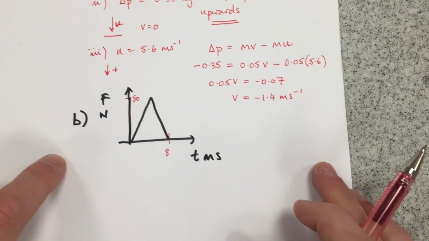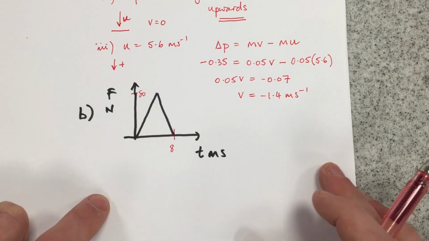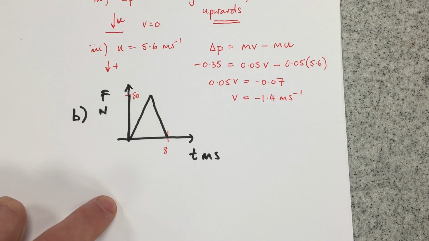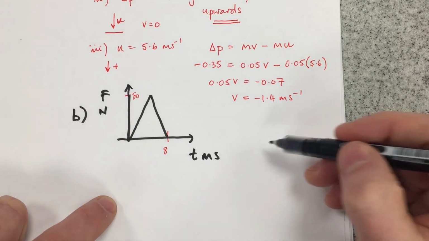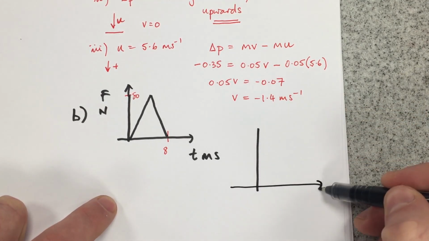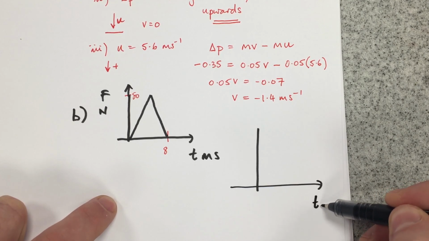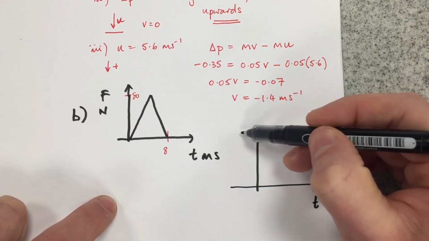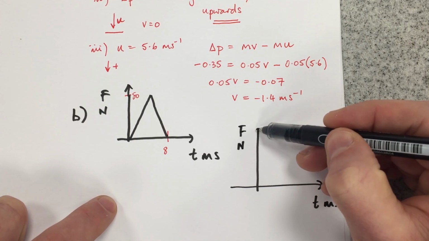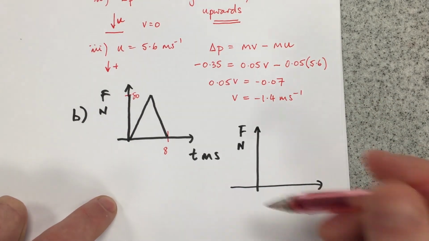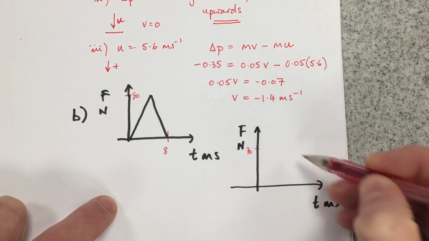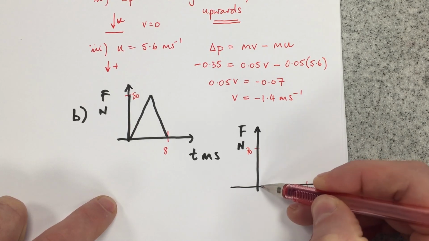An alternative to solve this question is to show the original graph and then sketch another graph beside it. So if we show the original graph they gave us in the question, don't forget your units and your labels, we would have 70 as the force and 10 as the time.